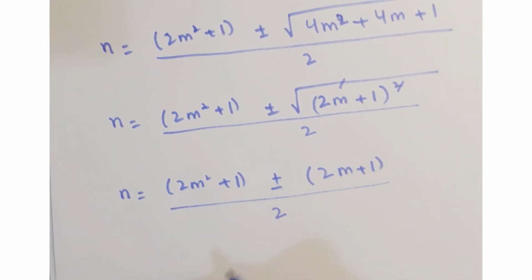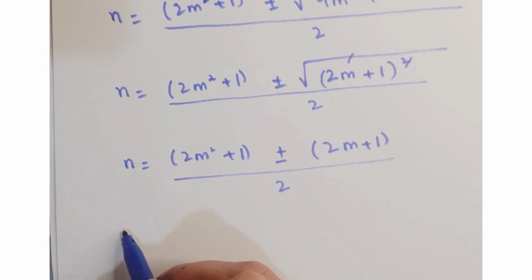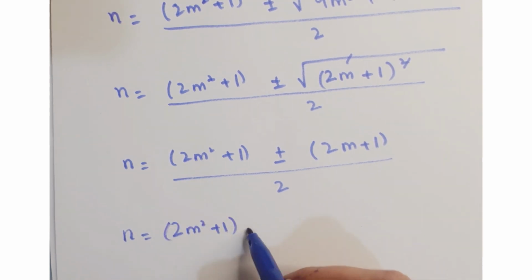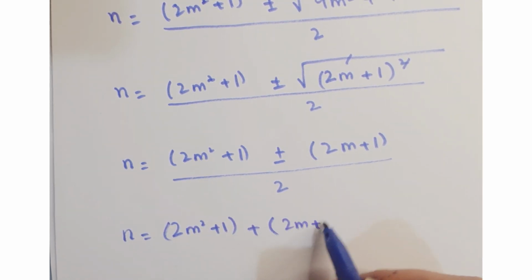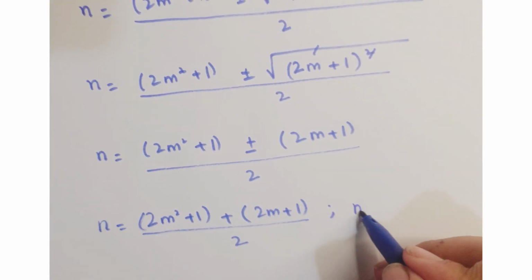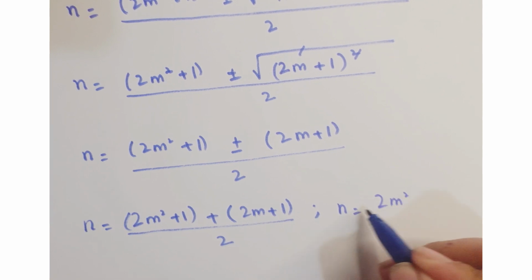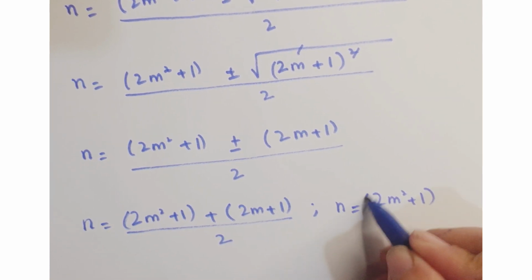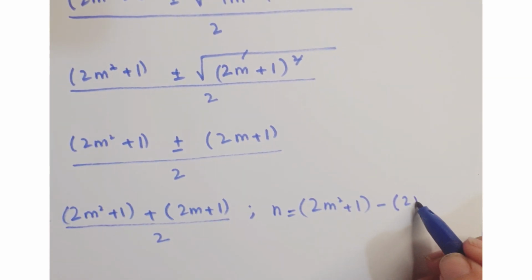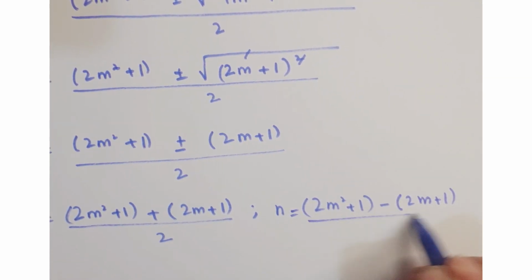Now we have two possibilities due to this plus minus sign. So we have n is equals to 2m square plus 1 plus 2m plus 1 upon 2, and we have n is equals to 2m square plus 1 minus 2m plus 1 upon 2.